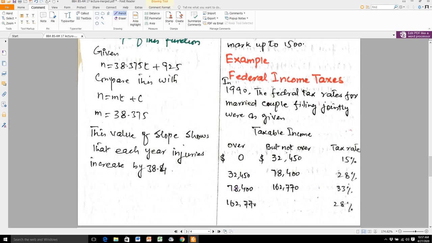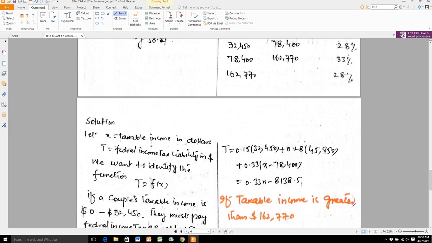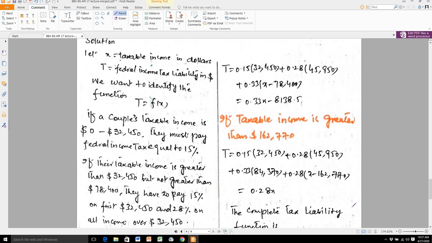When the amount is over 78,400 but not over 1,62,770, its rate is 33%. And when the amount is over 1,62,770, it is equal to 28%. Now you see how you can handle such a situation.